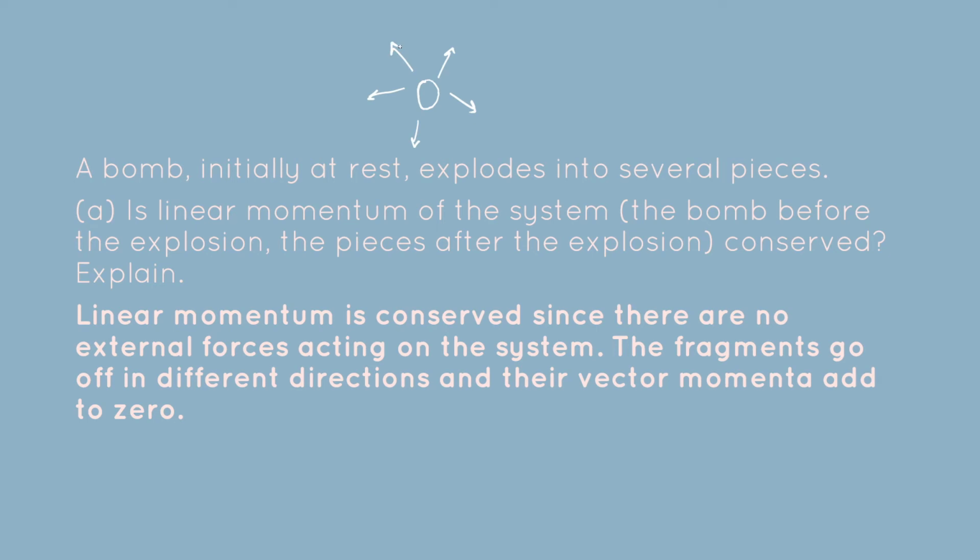If you consider the vector sum of the momenta of all the different fragments after the explosion, then they will add up to 0 vectorially. So this is how momentum is conserved.